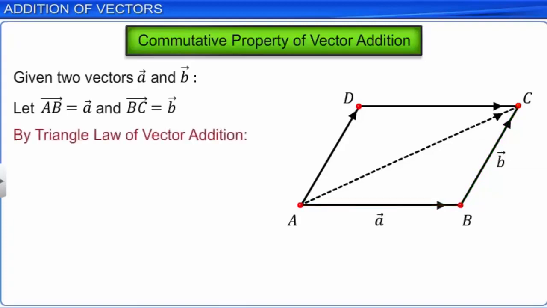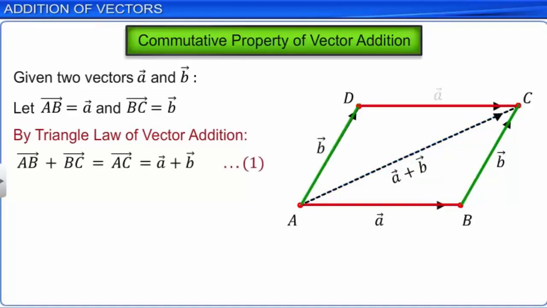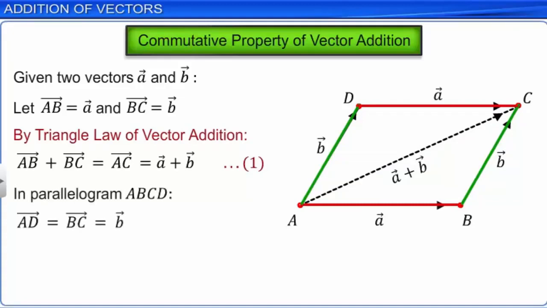By the triangle law of vector addition, vector AB plus vector BC is equal to vector AC, which is vector A plus vector B. Since the opposite sides of a parallelogram are equal and parallel, vector AD is equal to vector BC, and vector DC is equal to vector AB.